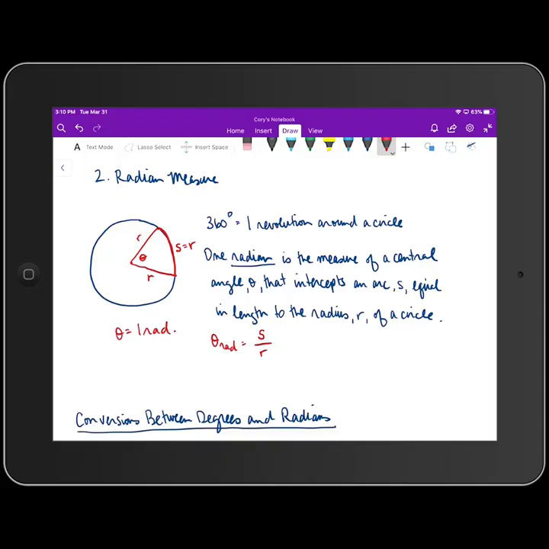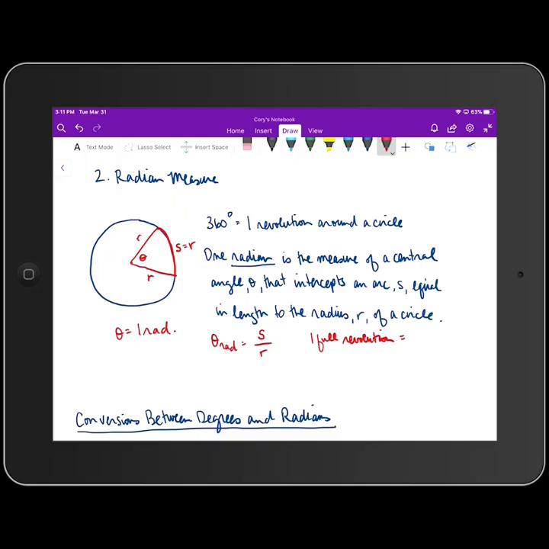Okay, so with that said, if we make one full revolution around the circle, think about the arc length that's going to get cut out by one full revolution. That's going to be the distance around the circle, which is the circumference.